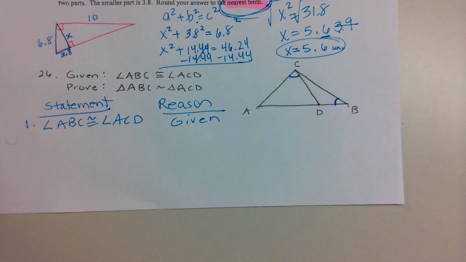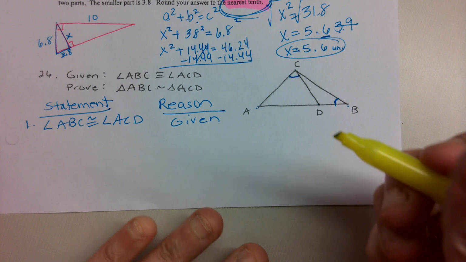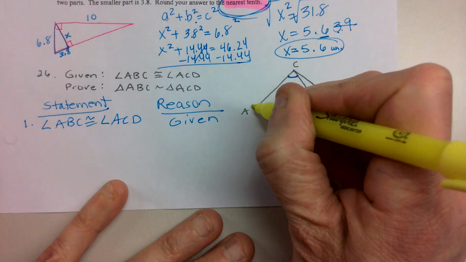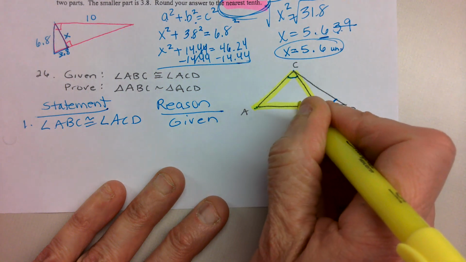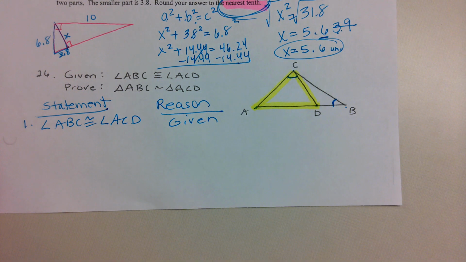I shall use my pink and my red highlighter and do something so cool. Ready? I'm going to highlight this triangle. That's one triangle. I'm going to highlight the other.